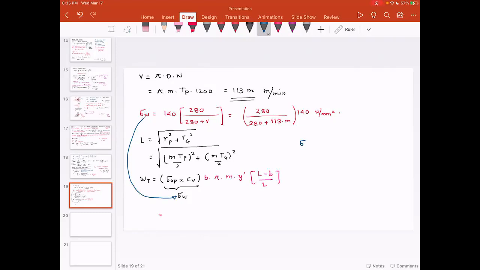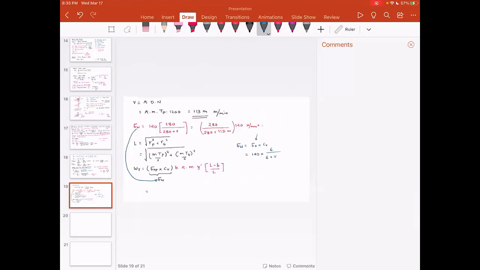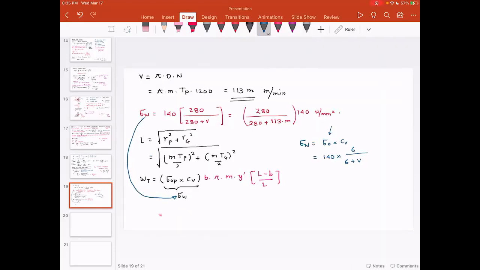Alternatively, you can find sigma W as sigma O times CV, and sigma O you can consider to be, say, 140. For CV you can assume something like 6 divided by 6 plus V, and then substitute this value here.